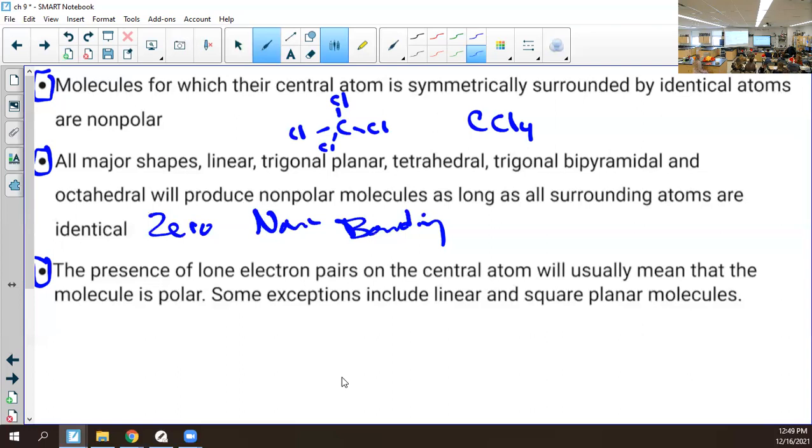If you have no non-bonding, it's going to be nonpolar in these major shapes. If you have non-bonding, it's going to be polar. The presence of lone electron pairs on the central atom will usually, that's most of the time good enough, mean that the molecule is polar. Some exceptions include linear and square planar molecules that we'll talk about tomorrow.